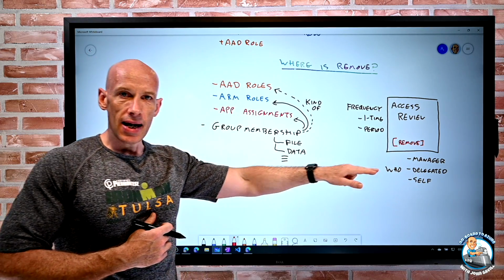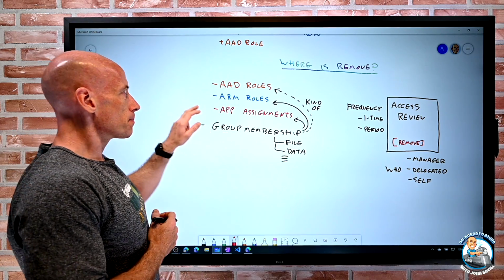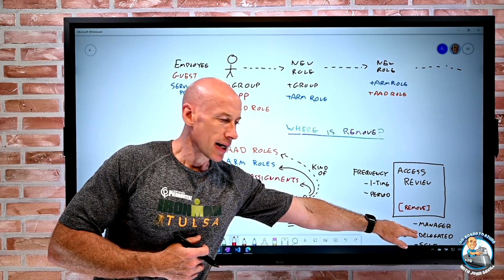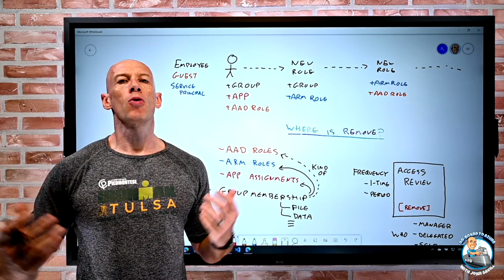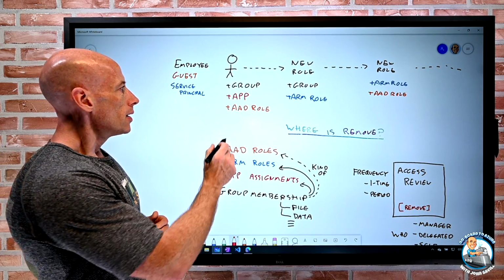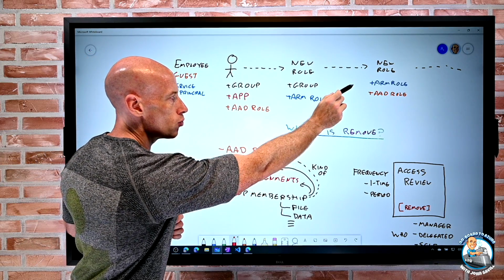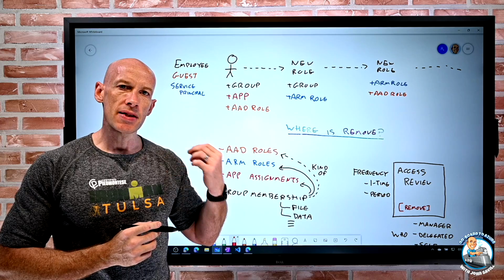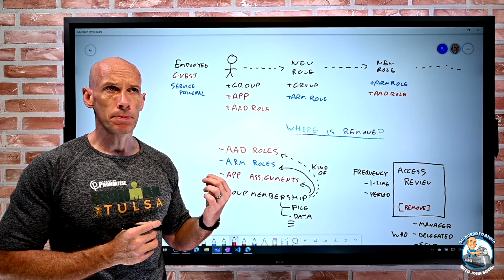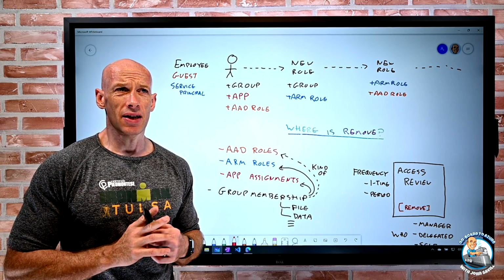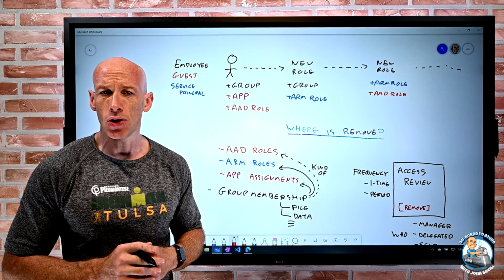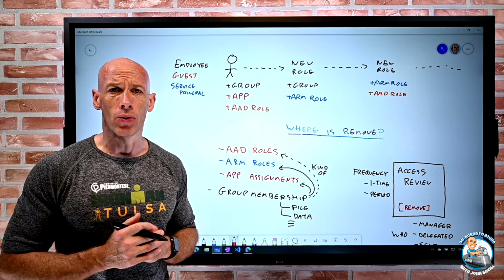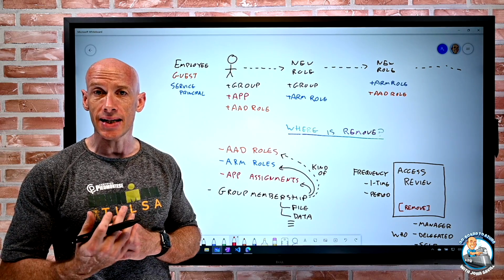I can delegate, because remember the key point is, why is delegate so useful? Why don't I just have the global admin do it? If I think about these different group additions, maybe these different ARM roles, they may be business unit or app specific. So a global administrator who has nothing to do with that business unit or that app has zero clue who actually should or shouldn't need it.